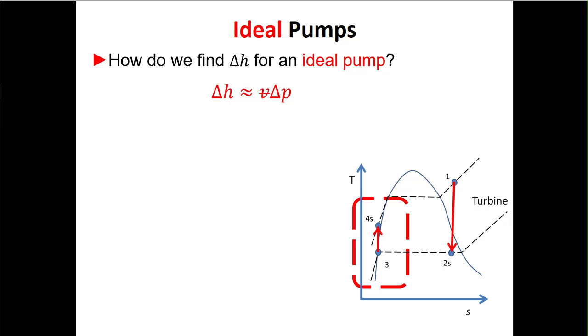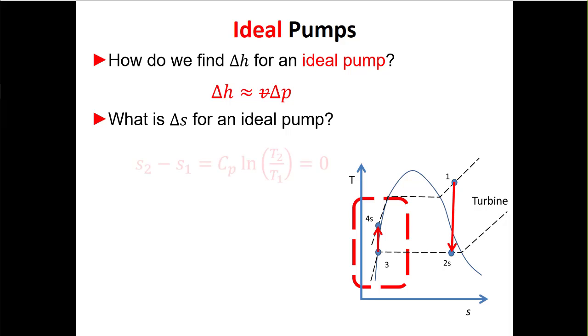Now, when I originally introduced this equation, I said that it works for an ideal pump. And I said, for now, because we don't know what ideal means, we'll say that the temperature at the inlet and the outlet of the pump is approximately equal. And now that we know how to use equations to find this change in entropy, we can see that that's the case.